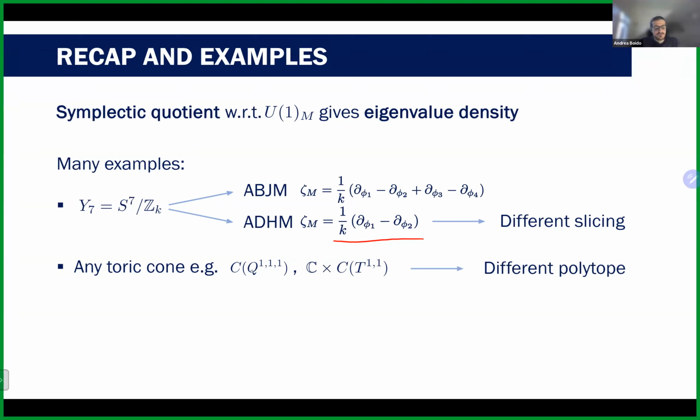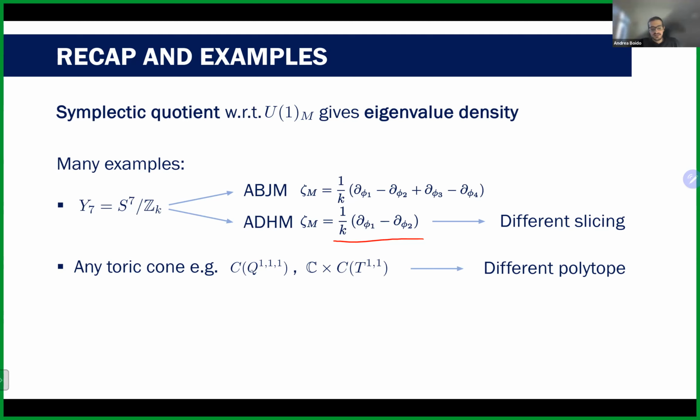Then we also tested this for other toric cones. It should work for any of these. There's a very general formalism that lets you do this computation, and we tried it for the cone over Q111 and also C times the conifold.